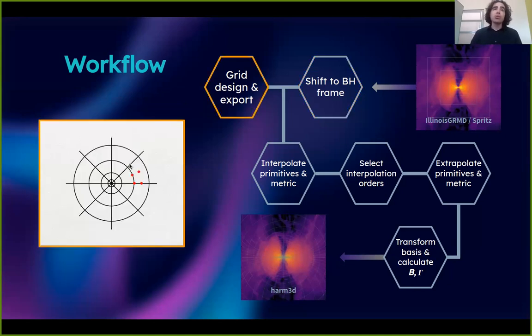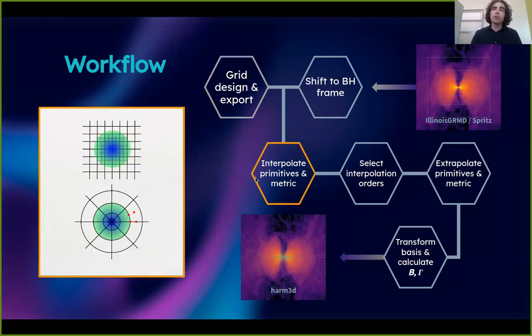In parallel, we need to design the grid where we want to transition, and we need to export the Cartesian coordinates of its cell centers, faces, and corners. And with these tools, we proceed to interpolate all the primitives and the metric from the Cartesian AMR grid to the new destination grid.